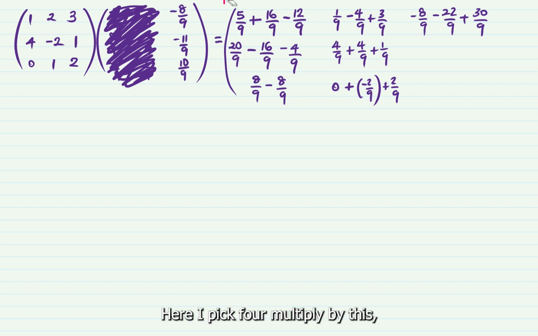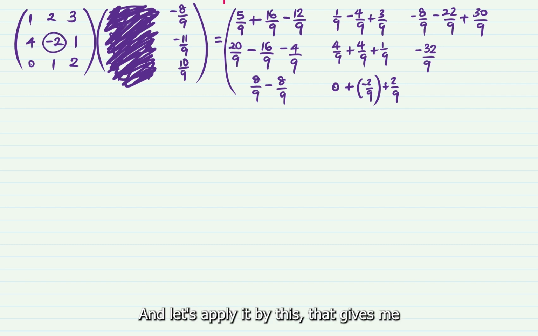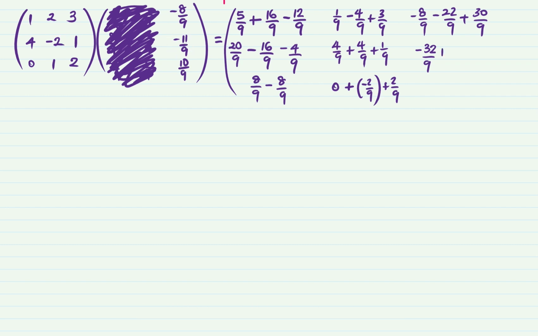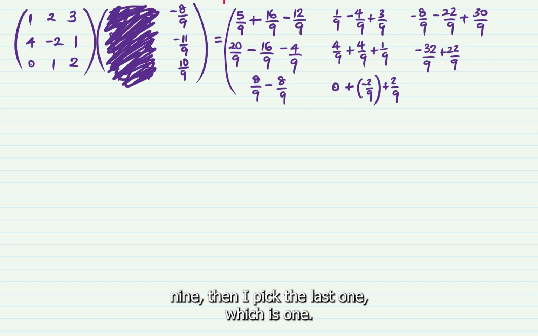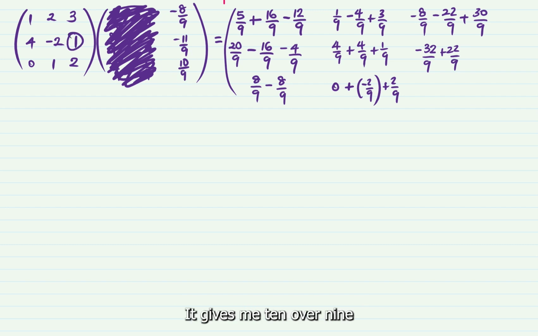For the second row here, I pick 4, multiply by this. That gives me -32/9. And then I pick -2, I multiply by this. That gives me +22/9. Then I pick the last one, which is 1, multiplied by this. It gives me 10/9.